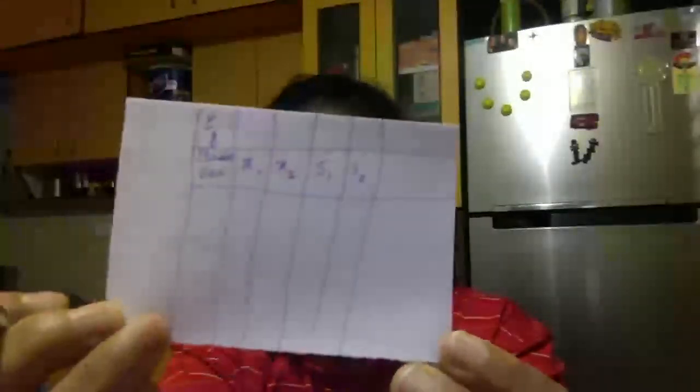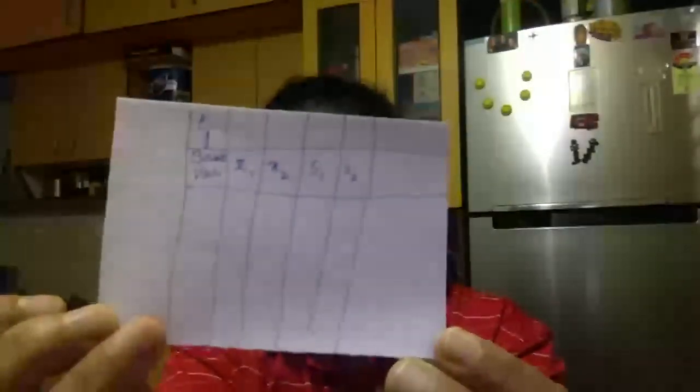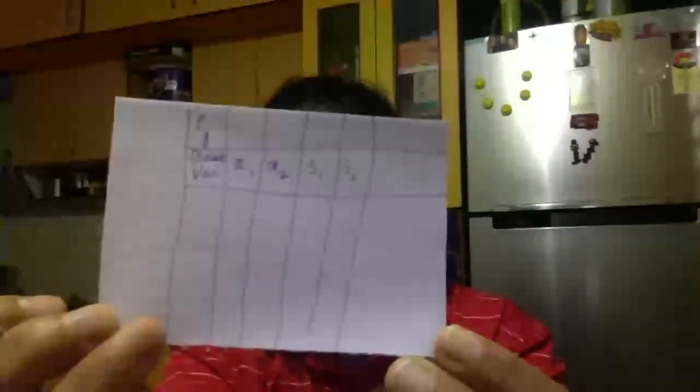Fill the basic variables as x1, x2, s1, s2. All clear? I'll show you. Write down Cj and basic variables x1, x2, s1, s2.